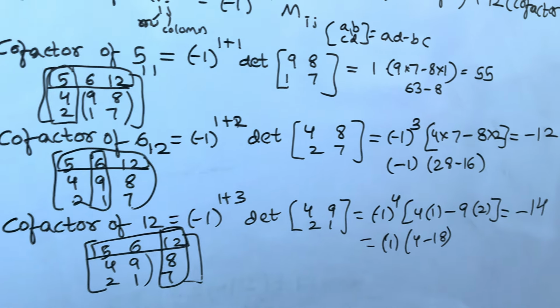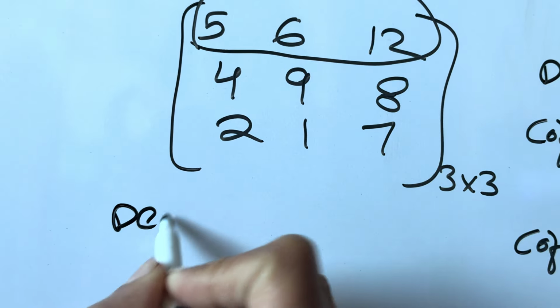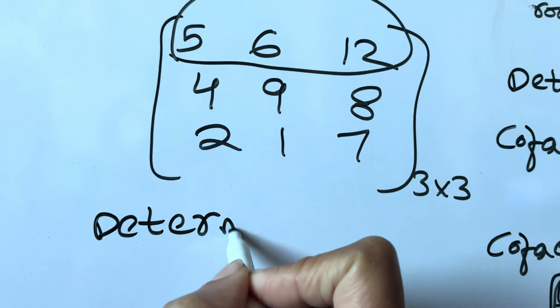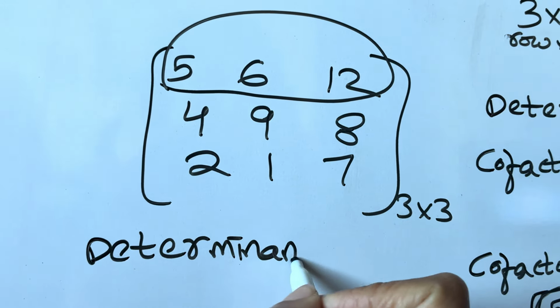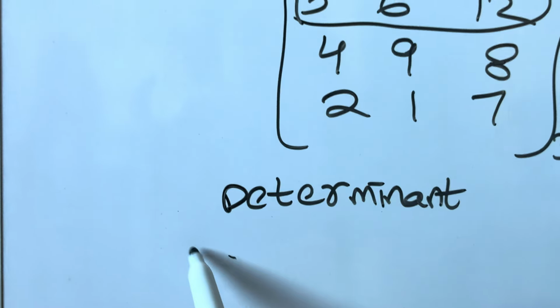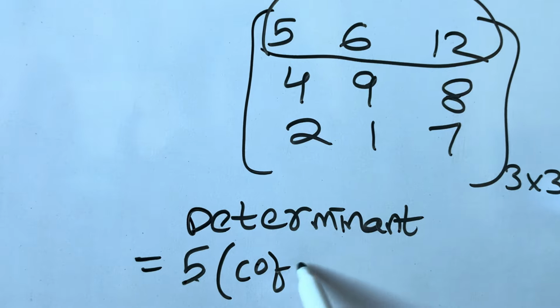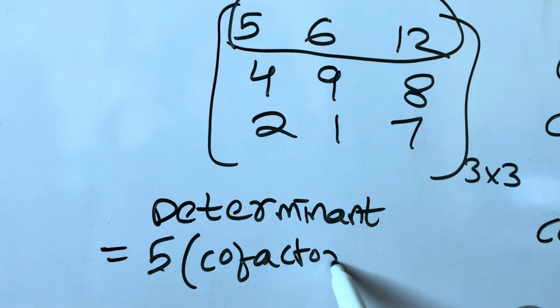Now for finding the determinant, we should be calculating the determinant. Here I took my first row, so the determinant would be my first row element multiplied with its cofactor. That is 5 with the cofactor of 5.